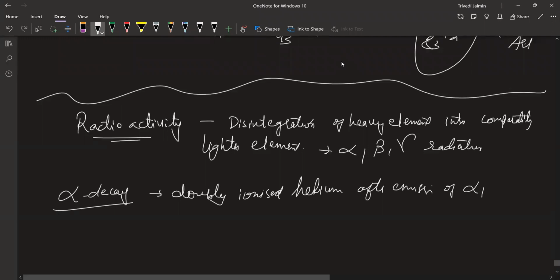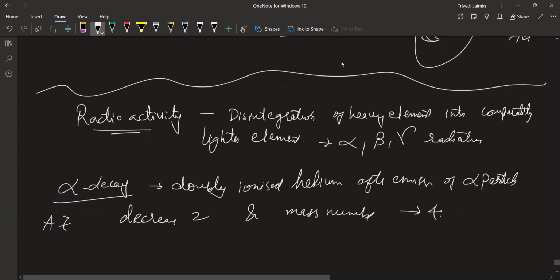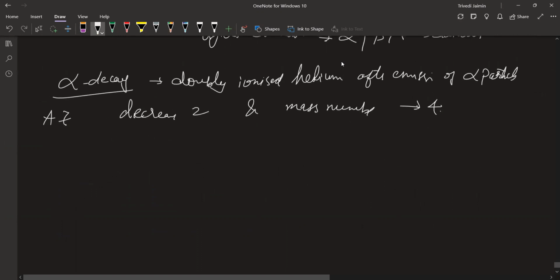Emission of an alpha particle decreases the atomic number by 2 and the mass number by 4.